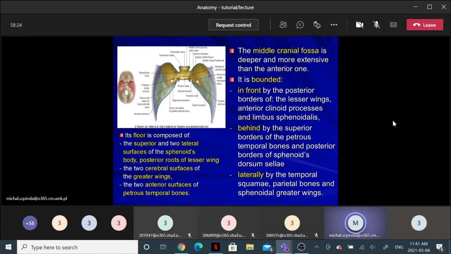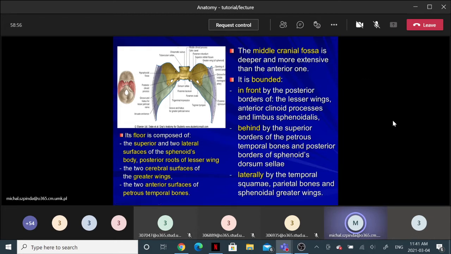Both refer to the superior aspect of the sphenoid's body. And apart from the sphenoid body, in the middle cranial fossa we can see the anterior surface of the petrous temporal bone, the temporal squama, and the inferior-most parts of the parietal bone.